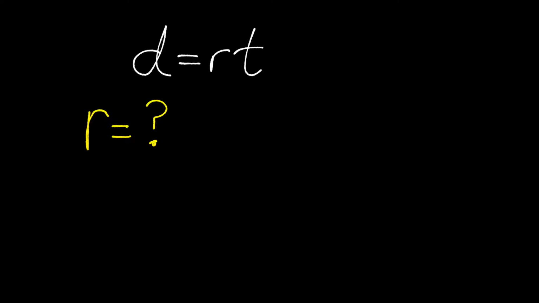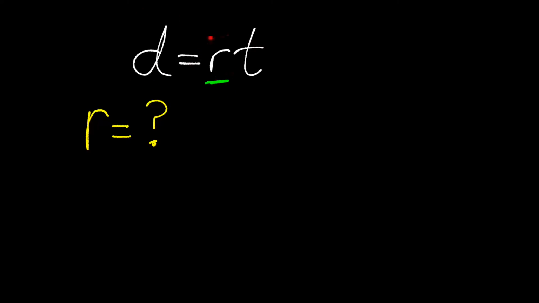And if we've watched the other videos on how to solve equations, we should know that inverse operations are going to be a huge part of this. So the first thing we want to do is identify the variable we want to solve for. We want to solve for r. The second thing we want to do is identify any operations that r is a part of. As we can see here, r is being multiplied by t, and that gives us distance.